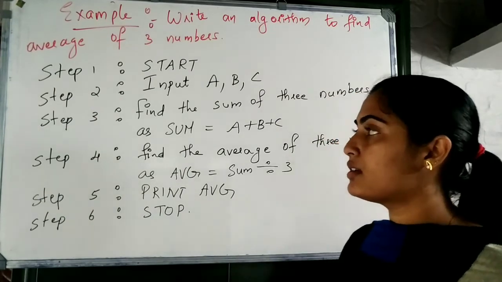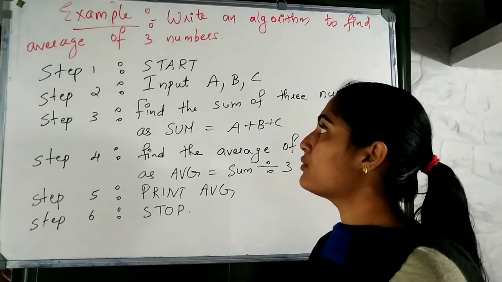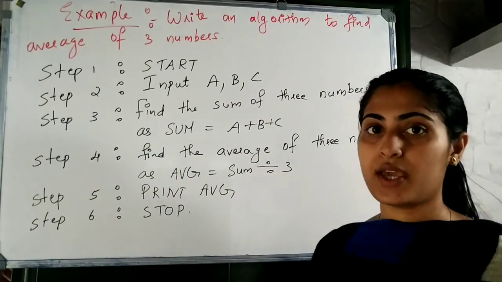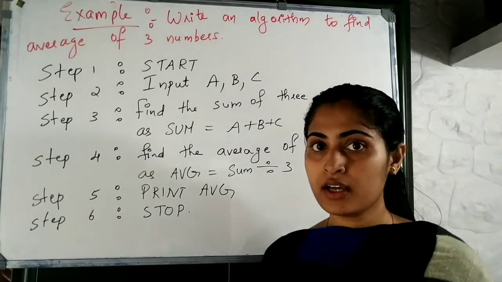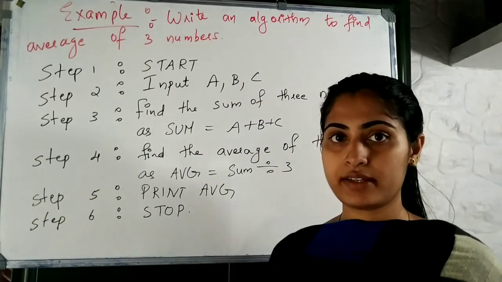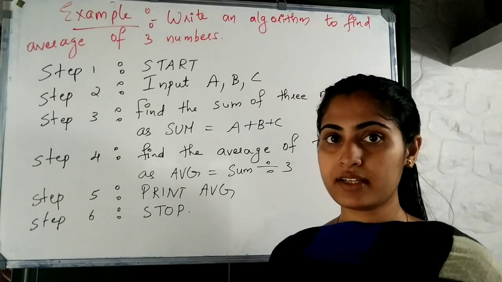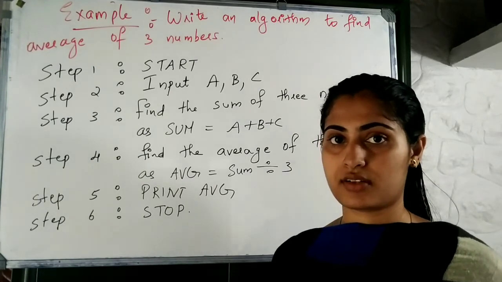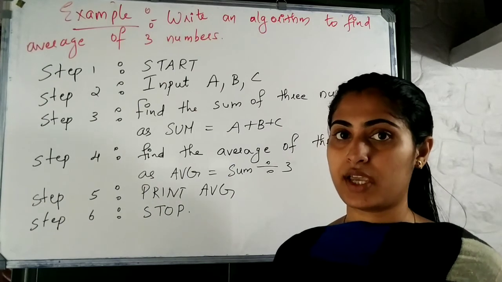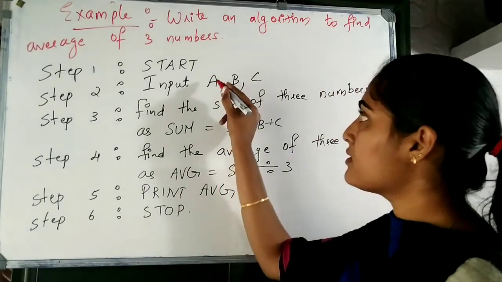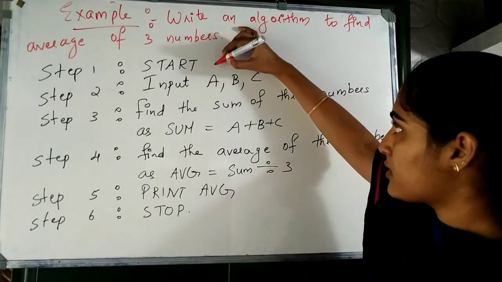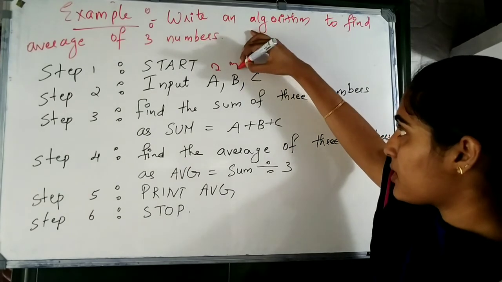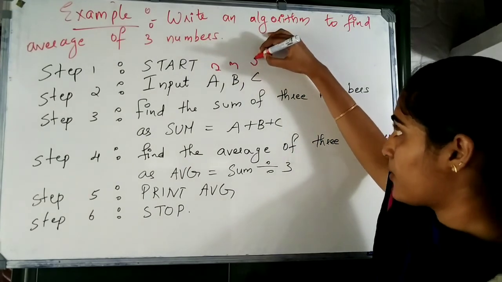Look at step number 2. You have to input A, B, C. We have studied that we cannot enter numbers directly while writing an algorithm. That is, you cannot write numbers like 2, 3, 4. Instead, you have to use variables. Here, A means a number, for example, A means the number 2, B means 3, C means 4.